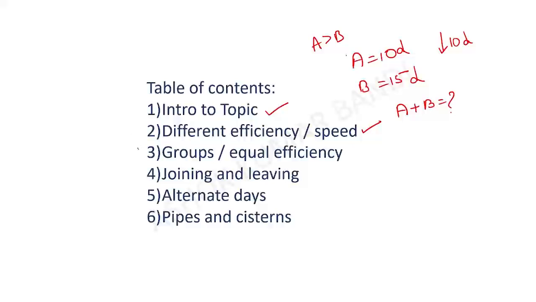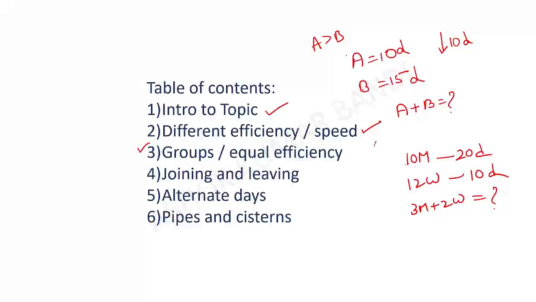Okay, coming to the next model, groups of equal efficiency. See here, the problems are going to be like this. 10 men can do a work in 20 days, 12 women can do the work in 10 days. If 3 men and 2 women are working together, how long will they take to finish the work? Here, we don't know the individual time taken by each and every person, but we are treating them as a team.